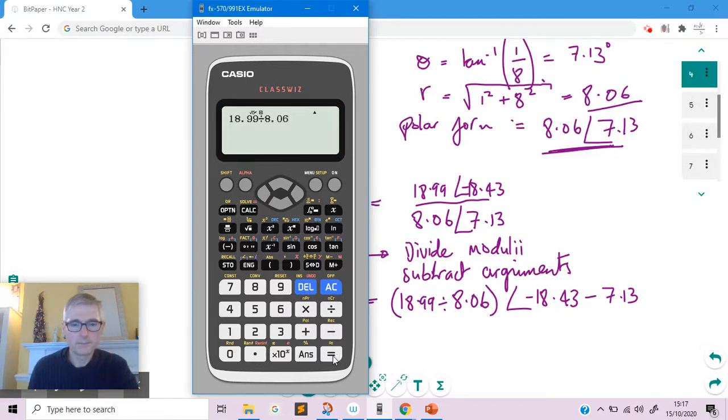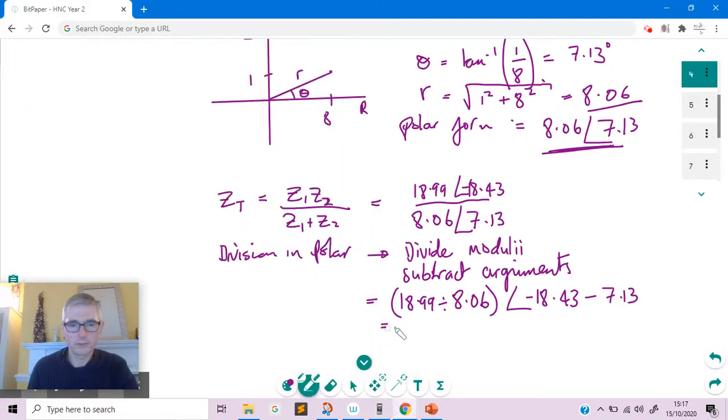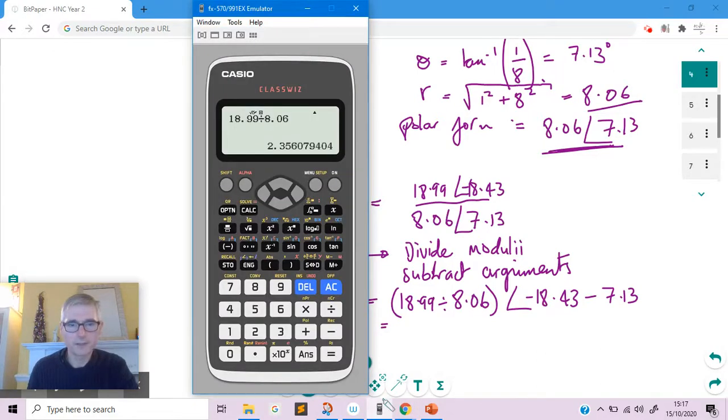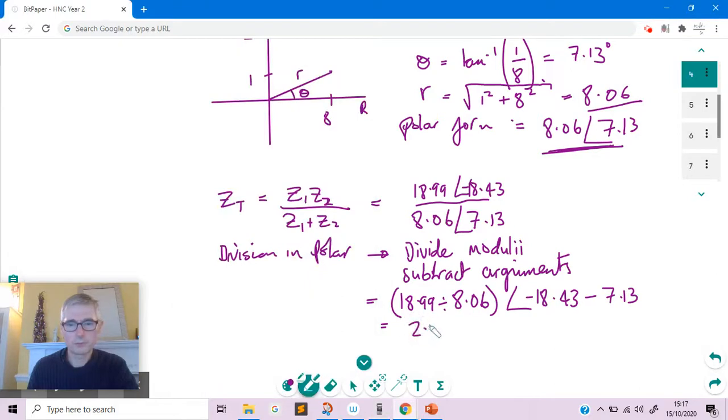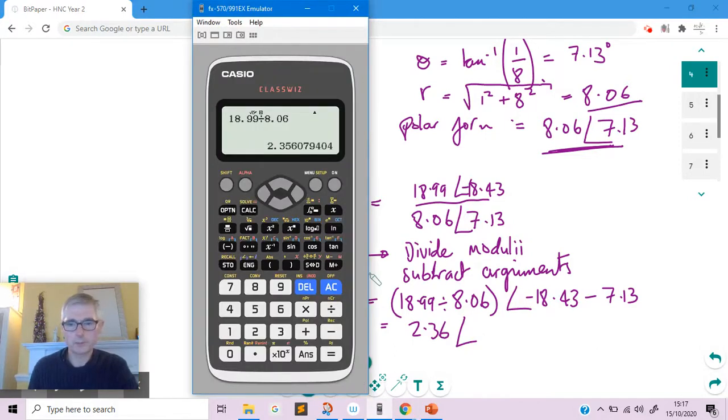That gives me 2.36 if I round to 2 decimal places. 2.36, and then the new argument there is going to be given by minus 18.43 minus 7.13.